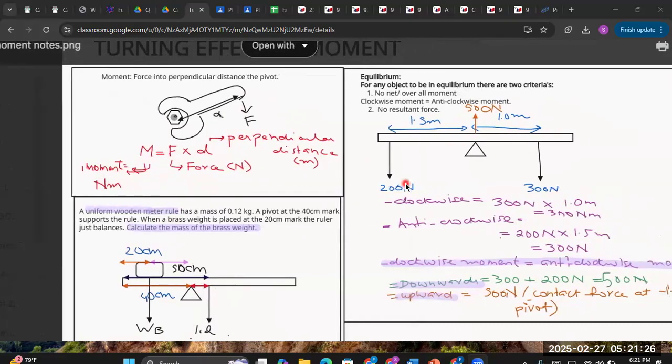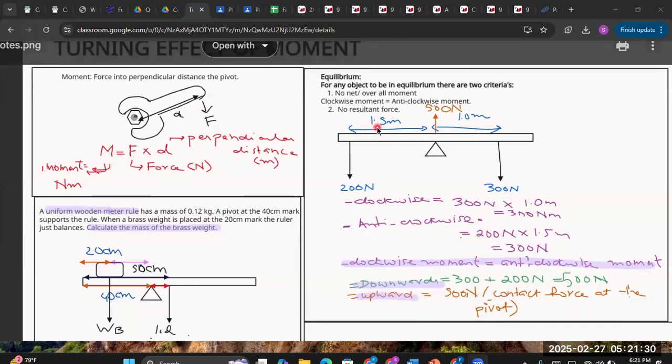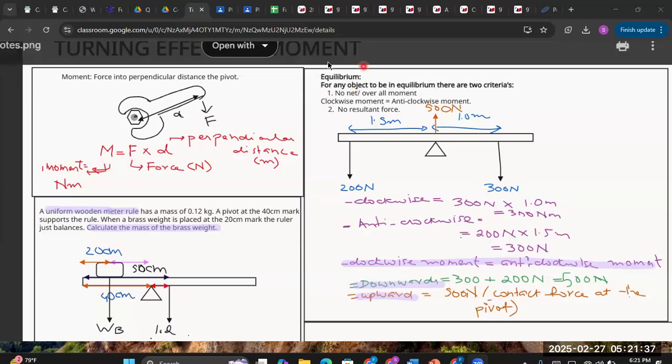Now, whenever you're solving your past paper questions, you might notice a few interesting things. You often will see that the examiners will say that you have a system that is in equilibrium. So what exactly do we mean by equilibrium? For any system to be in equilibrium, there are two requirements.